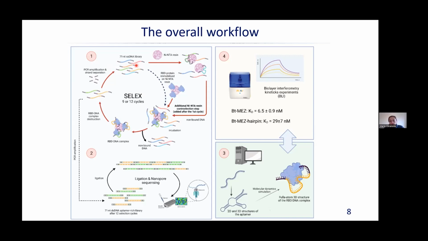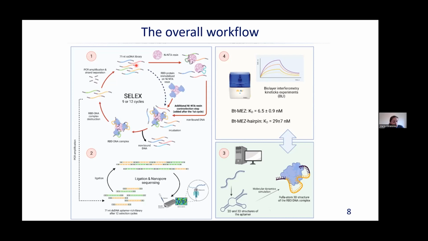In our case, it was the RBD domain of the SARS-CoV virus. And then, of course, there are some oligonucleotides that bind to the target protein, but the majority does not interact with the target protein and can be easily removed from the mixture.